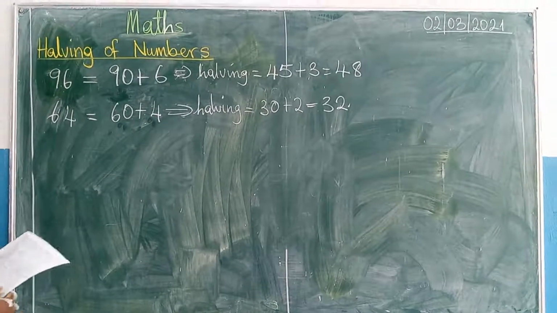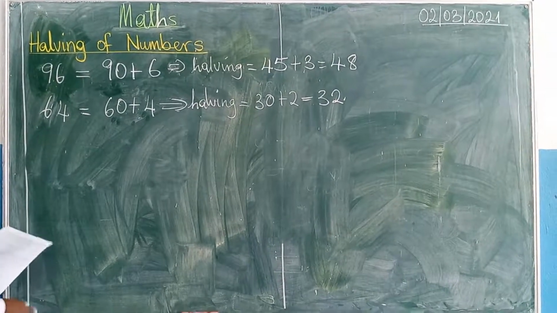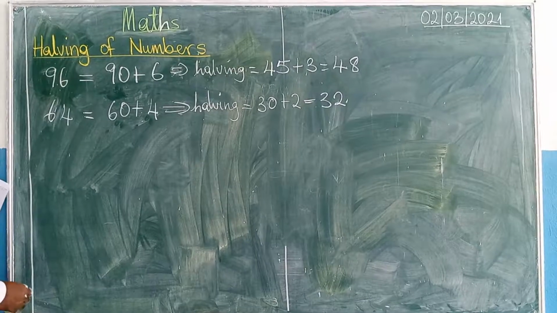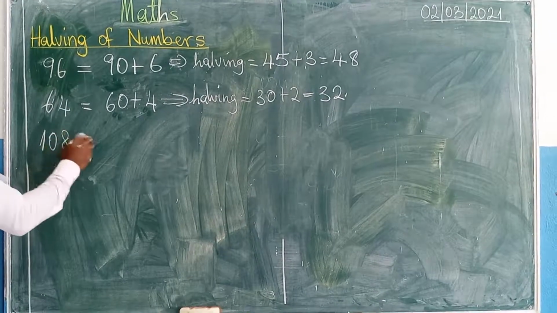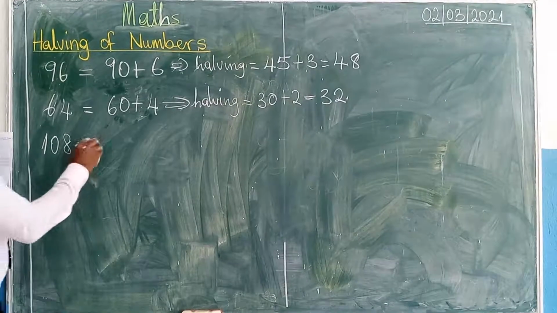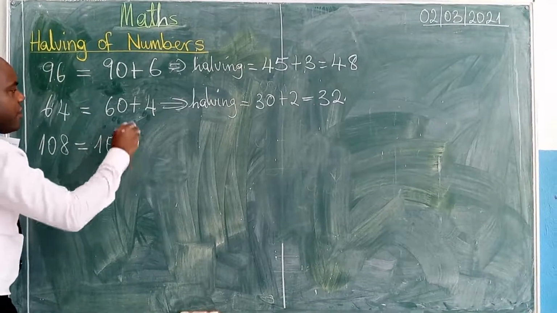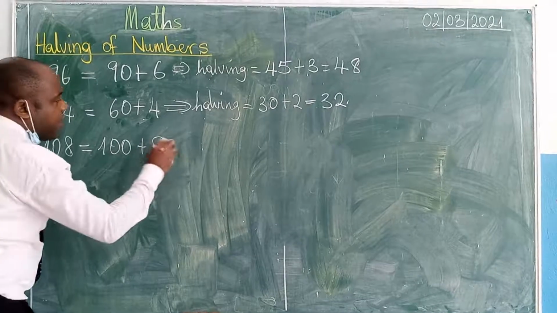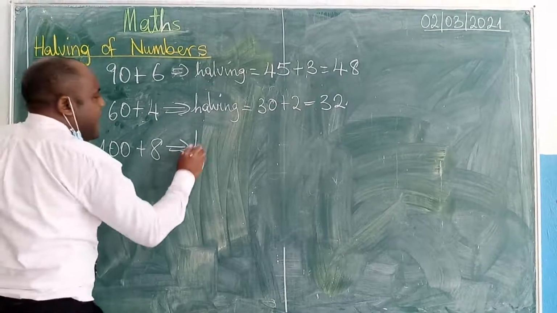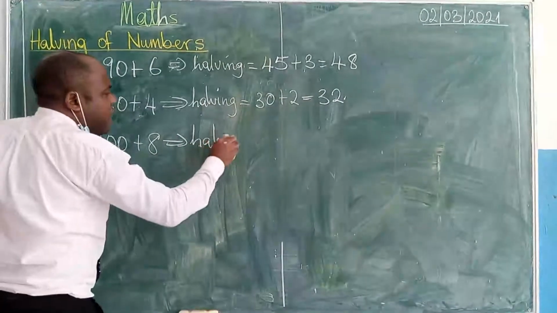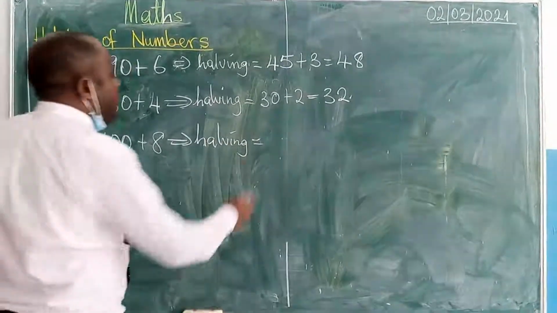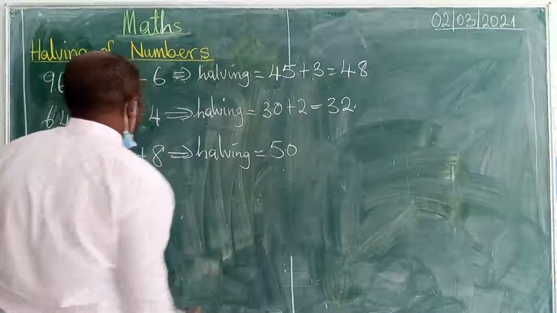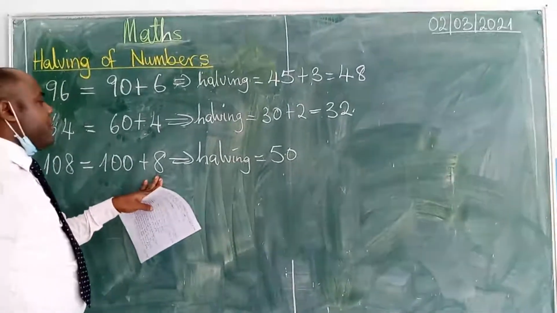I take the next example. The half of 108. This will be equal to 100 plus 8. It follows that halving 100, we shall have 50, and the half of 8 is 4.